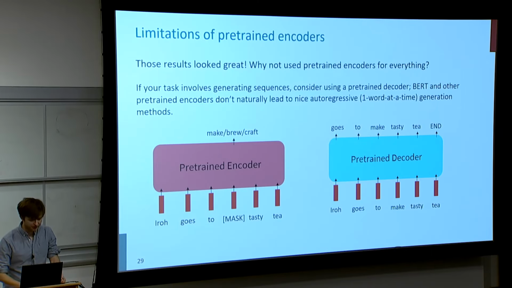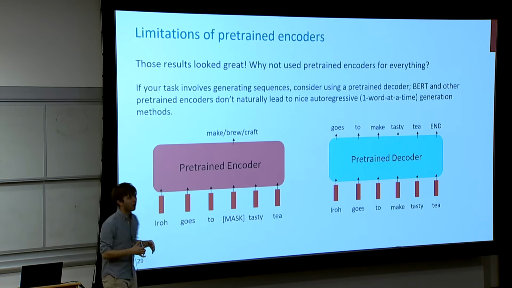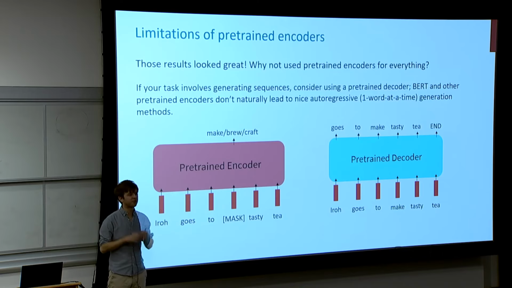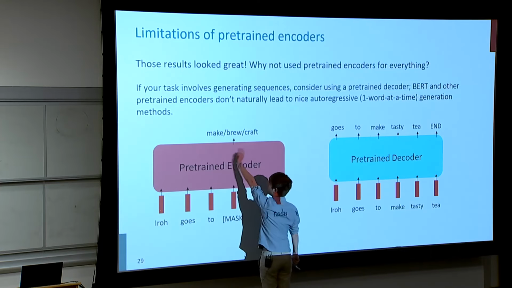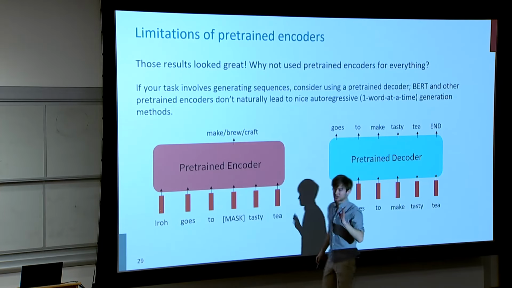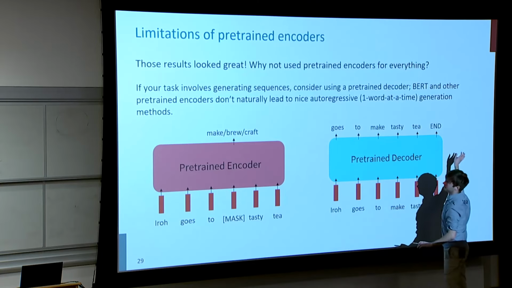So one question is like, well, this seems really great. Why don't we just use this for everything? And the answer is, well, what is the sort of pre-training objective? What's the structure of the pre-trained model good for? BERT is really good for sort of filling in the blanks, but it's much less naturally used for actually generating text, right?